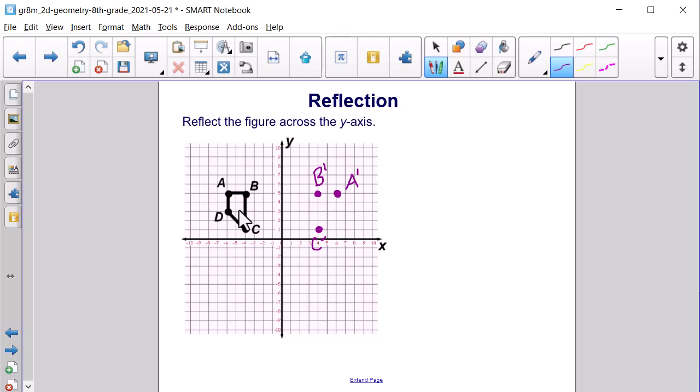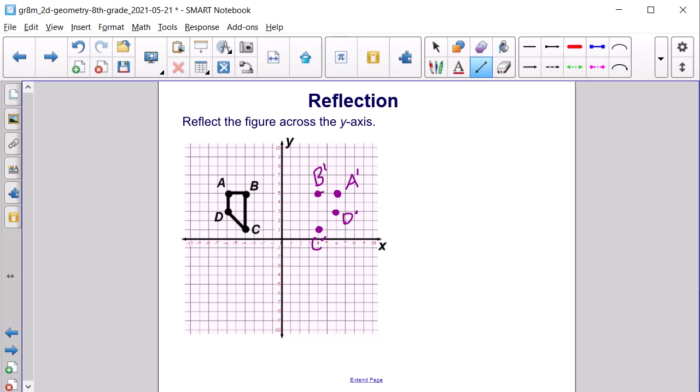Now let's look at D. So for D, we have to go 1, 2, 3, 4, 5, 6. And we have to do 6 again. 1, 2, 3, 4, 5, 6. And we have D prime.